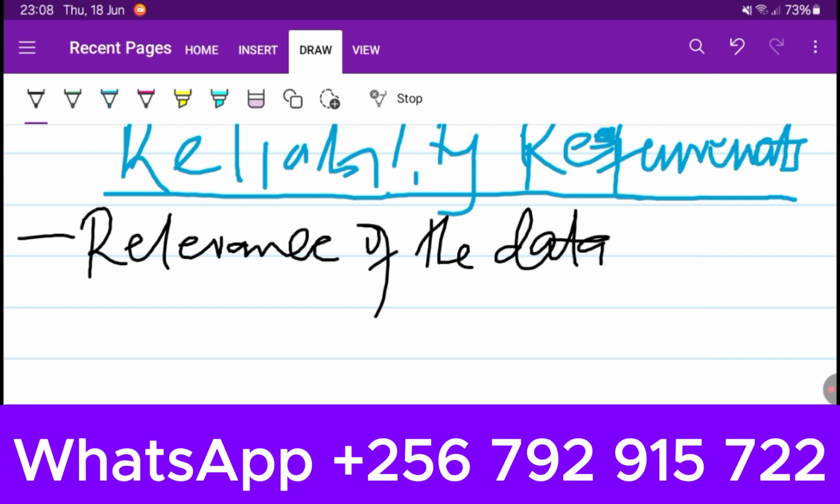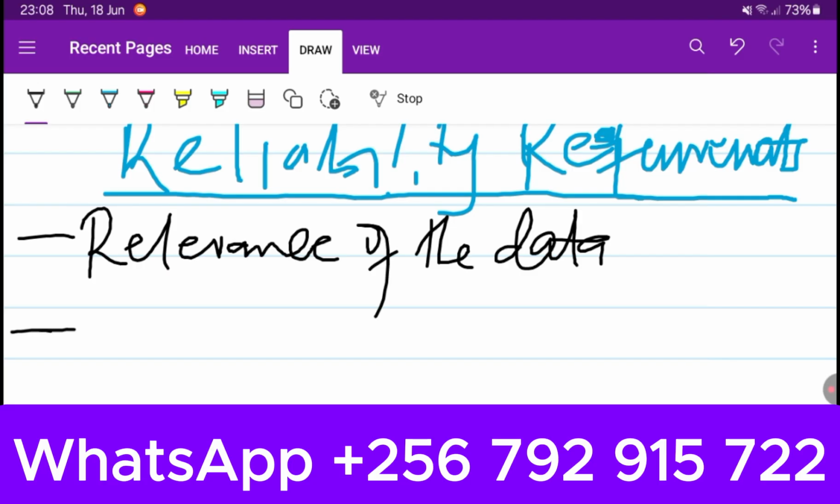So that's why we are saying everything, even the concepts that were used in that research or in that book, you should also use the same concept so that you can be able to draw the conclusion. That's what we are talking about, the relevancy of the data.